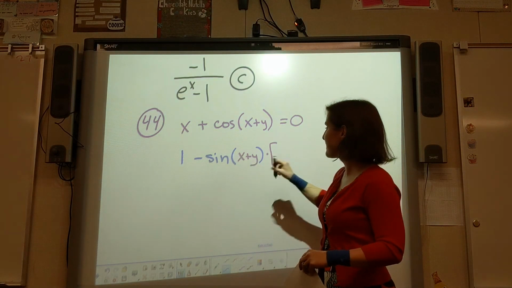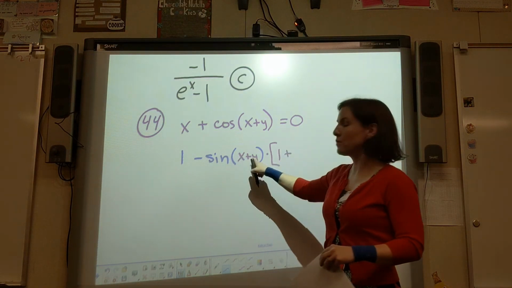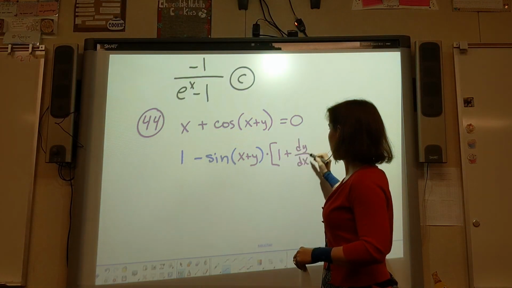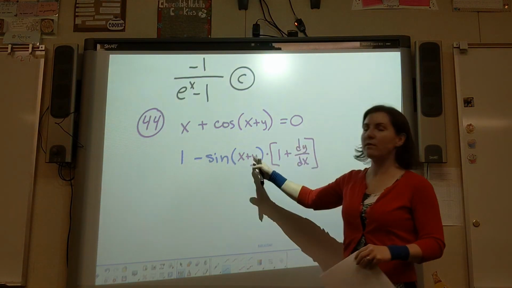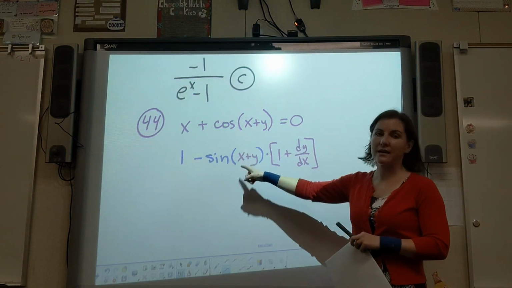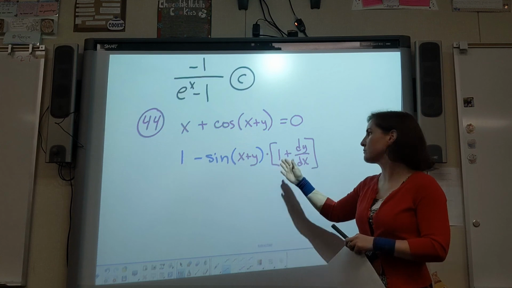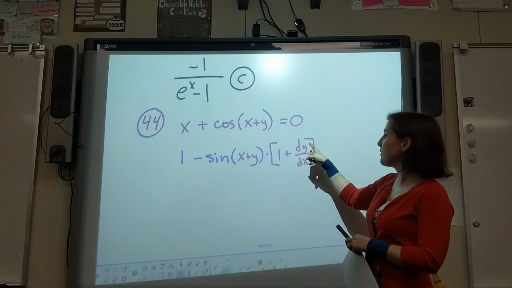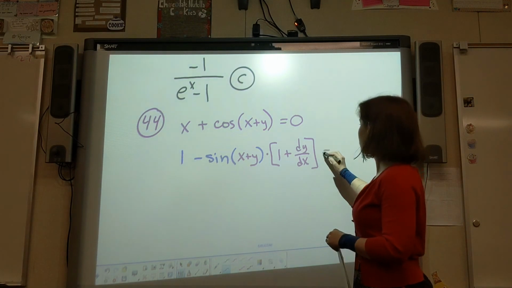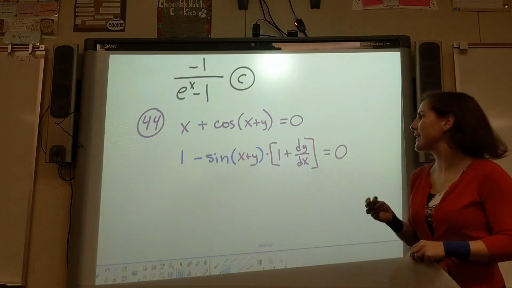The derivative of x is 1. The derivative of y is dy dx, because we're taking the derivative of y with respect to x. When we take the derivative of x with respect to x, dx reduces to 1. But the derivative of y with respect to x is dy dx. And then we've got the derivative of 0, which is 0. So that was kind of nice.